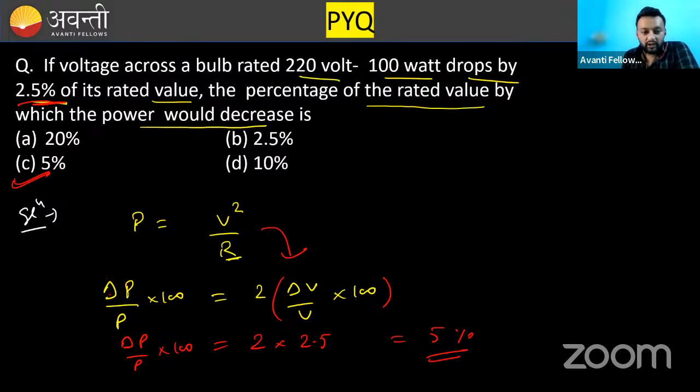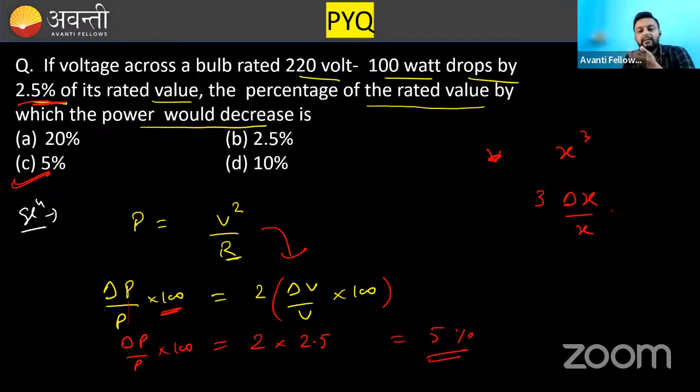Delta P by P is the fractional change in the power. For percentage, you need to multiply it by 100. This thing is clear. Now, in terms of V square, if it is written as something, I think you are confusing this too. Suppose it is x cube, then for the percentage change, 3 is the power that will come out, and it will be delta x by x.